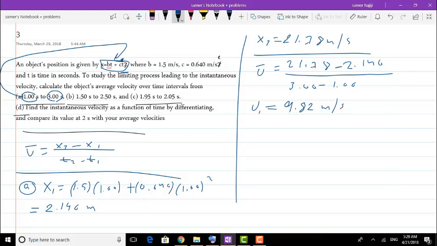This is V1 or VA. The velocity corresponds to part A.